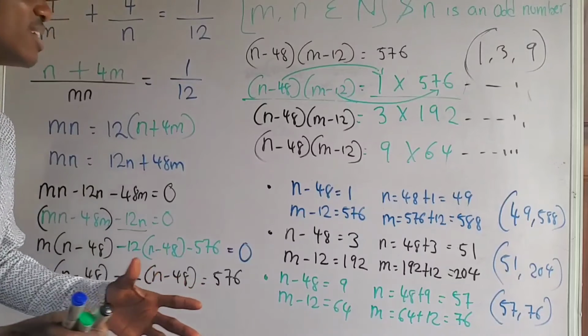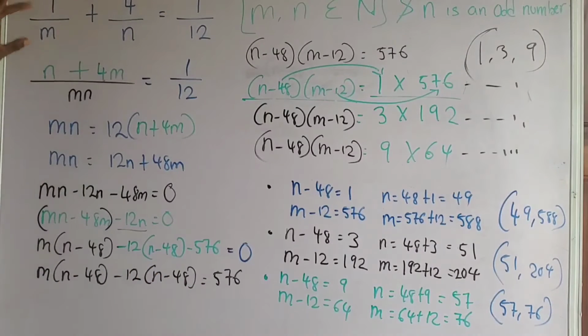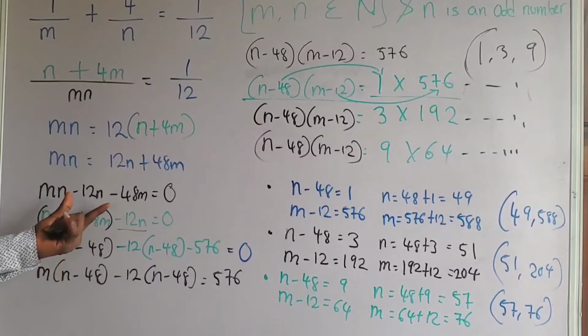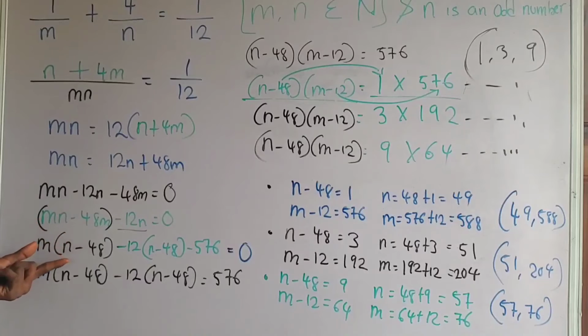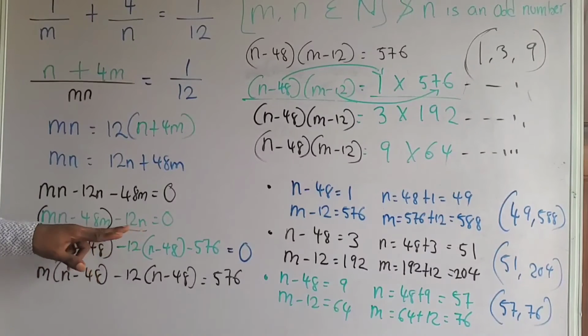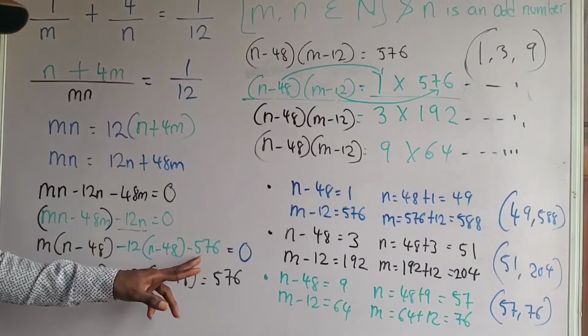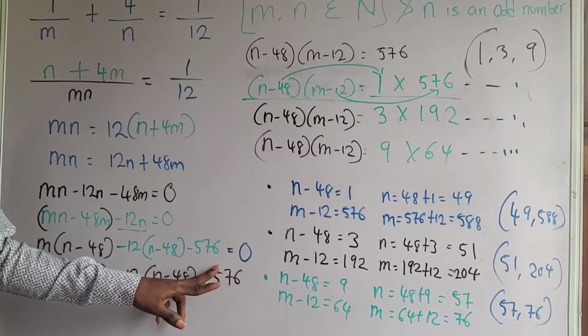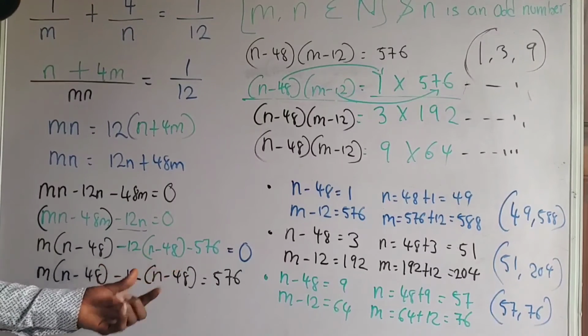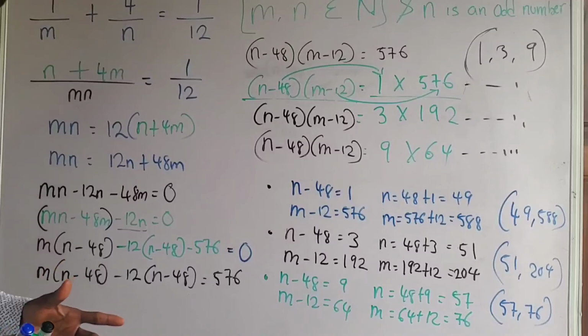So you can see how we solve the question. The first step is to take the LCM, and when we do, we result in this kind of equation. Then you factorize the value of m outside the bracket, and write the negative 12 in terms of what we have in the bracket. That makes us subtract 576, because the product of these gives positive 576.